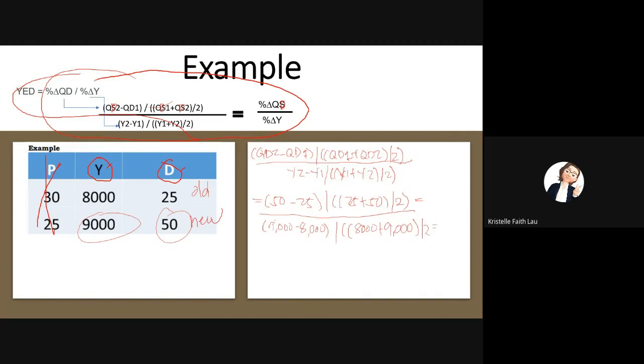Alright, so let's solve this. For the percentage change in our quantity demand, we have 50 minus 25, divided by 25 plus 50, divided by 2. So we have 0.67.